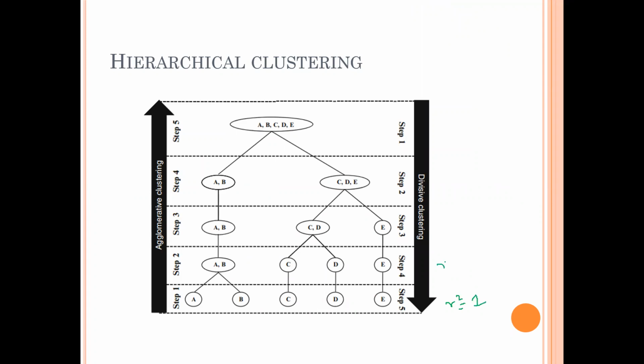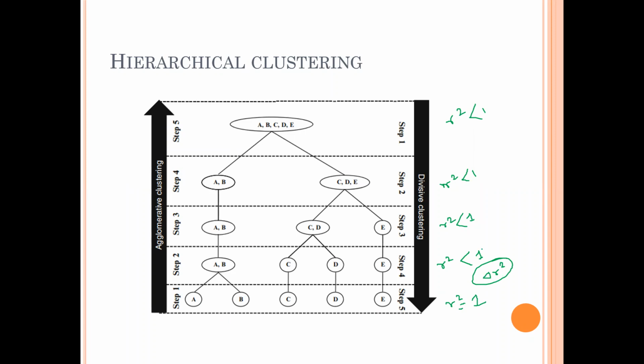And these values will be R square somewhat lower than 1. And I will basically break based on whichever is giving the highest delta R square. Whichever are closest, if A and B are closest, then the delta R square will be less.